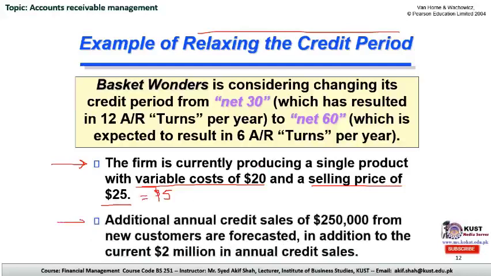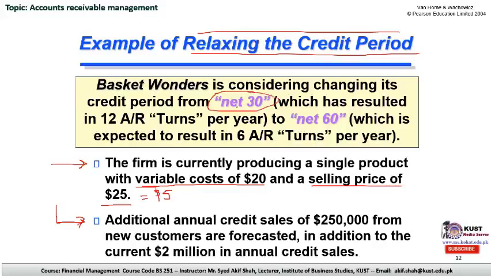Looking further into the additional information, because of this relaxation in the credit period, more and more customers will approach Basket Wonder to purchase the product from this company, because previously they were unable to pay their obligation within 30 days.